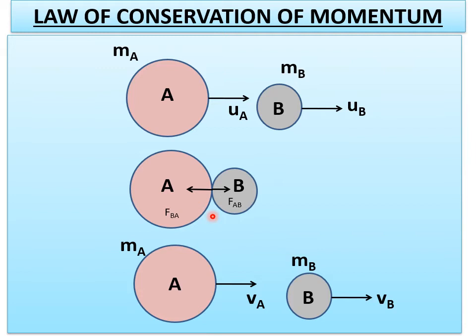Then after collision for t seconds, the balls move separately and attain different velocities. So let VA be the final velocity of ball A after collision and VB be the final velocity of ball B after collision.